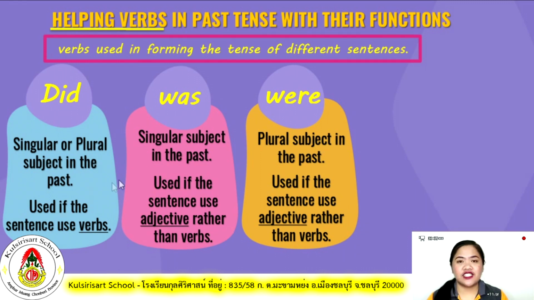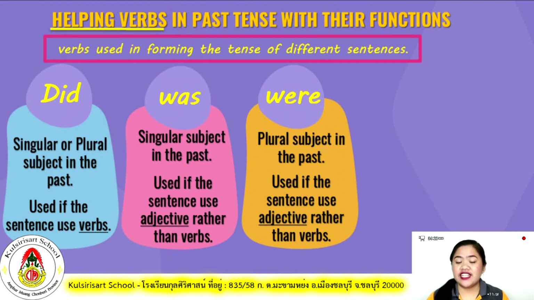Now, let's proceed to was. Was is used if the subject of the sentence in the past is only one, which means singular. But take a look at this: used if the sentence uses adjectives rather than verbs.